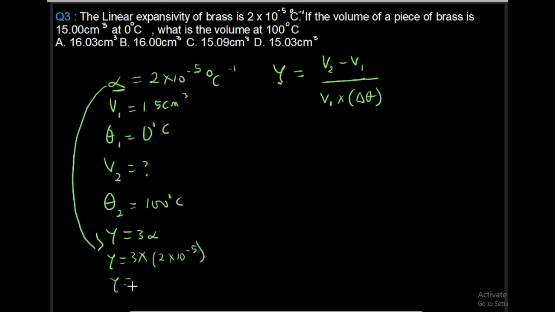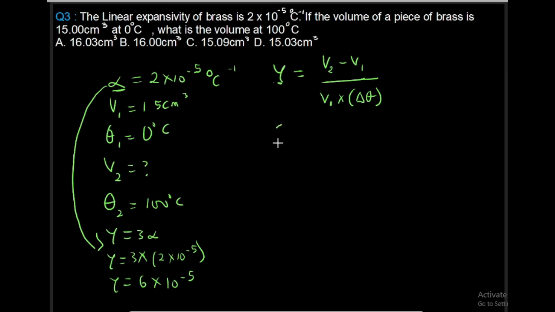And that will give us 6 times 10 raised to the power of minus 5. All right, so that's what we're going to use in our equation here. So come down here, we're looking for the new volume. All right, so come back to our equation.